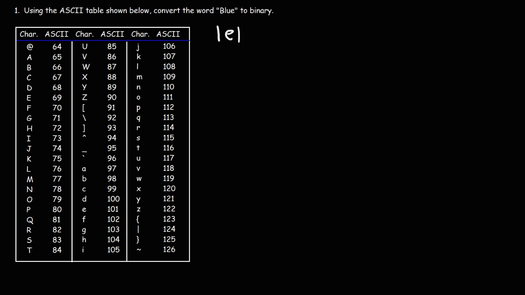Let's make a table that will make this a lot easier for us. We have the letter, the decimal value, and then the binary value that's going to correspond to that.